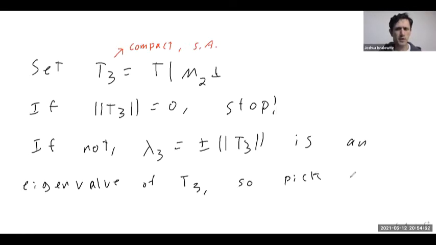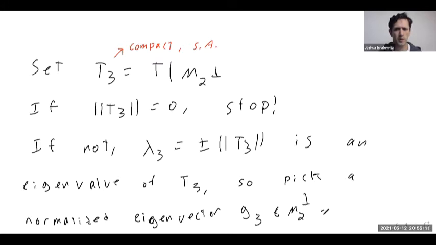So pick a normalized corresponding eigenvector, G3 in M2 perp, which is the orthogonal complement to the span of G1 and G2.